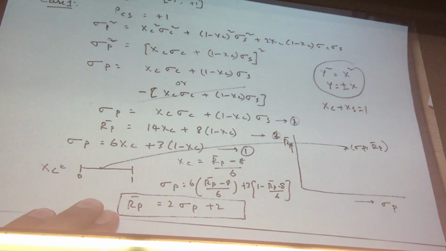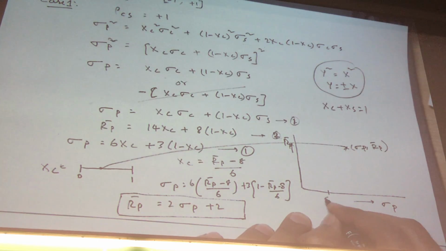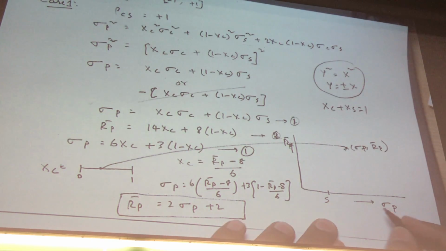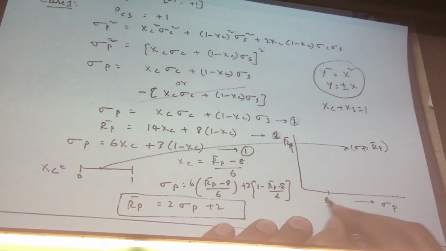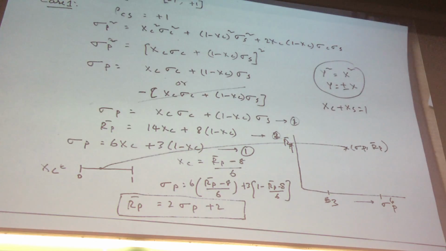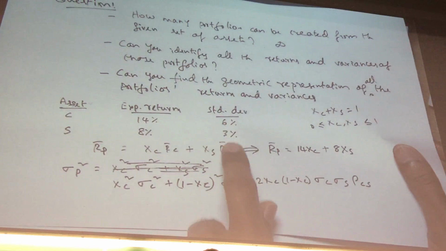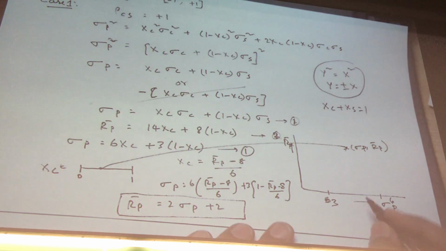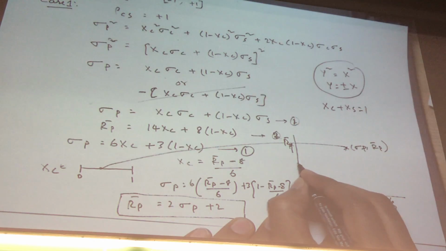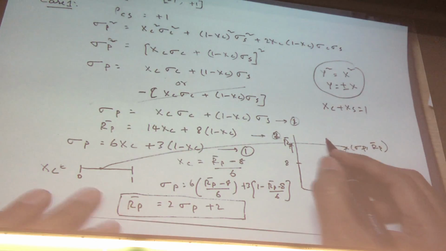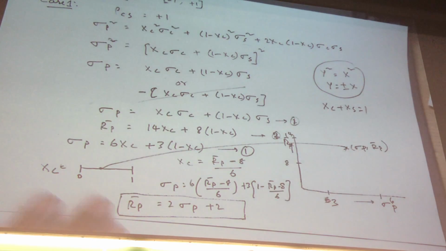So this is a sort of straight line. Let us say S represents the standard deviation of asset S, that is 3, and the standard deviation of asset C is 6. How do I know that? Because we assumed 6 and 3. If you assume something else, those would be different. And the corresponding returns: 8 from asset S and 14 from asset C. Okay.